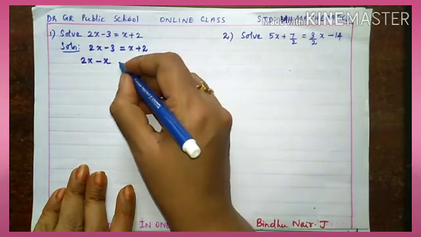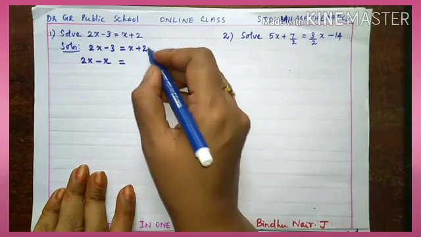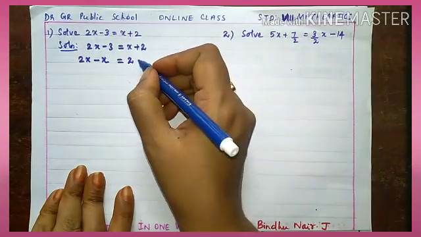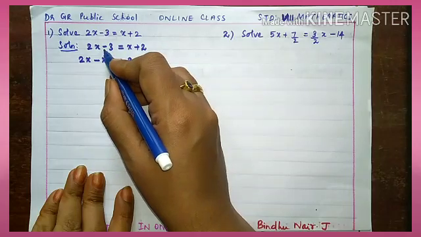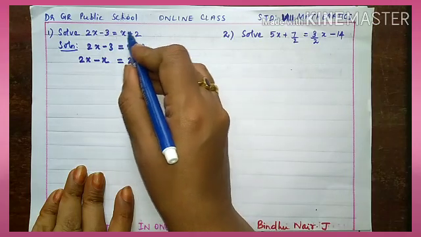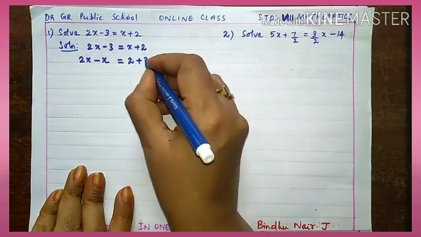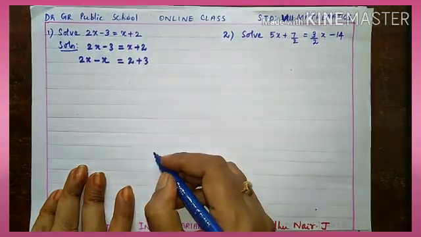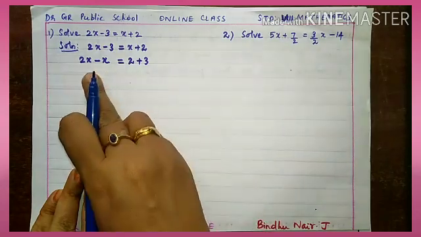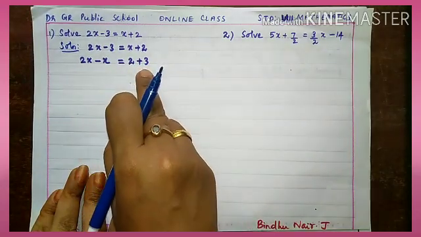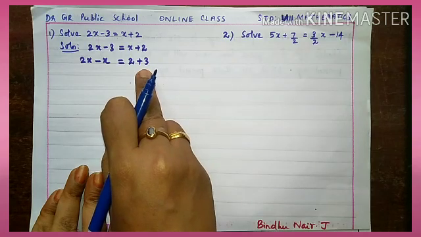Equal to, on the RHS the constant term is plus 2, correct? And from the LHS this minus 3 we transpose to this side, so it becomes plus 3. Understood, children? So we made all the variables on one side and numbers on the other side.